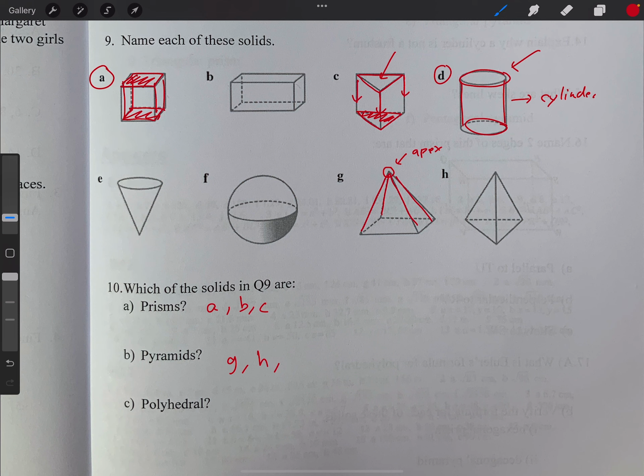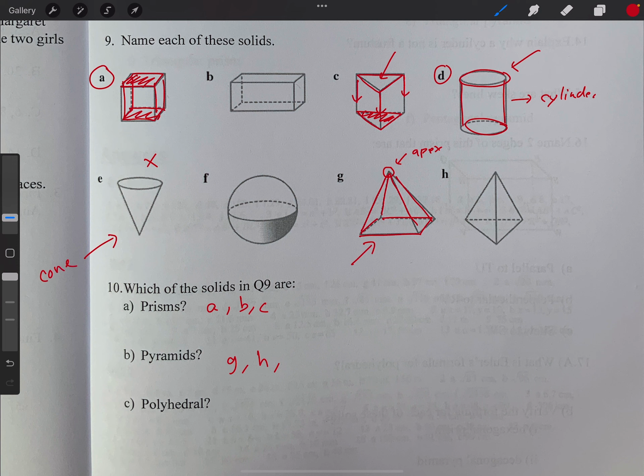Now E, this has a point where it connects all the vertices, but you see the base here is a circle. For a pyramid, the base has to be using straight lines as well, and this one doesn't, so therefore E is not a pyramid. That's why we don't call this one a circular pyramid, it's just called a cone. It has its own name.